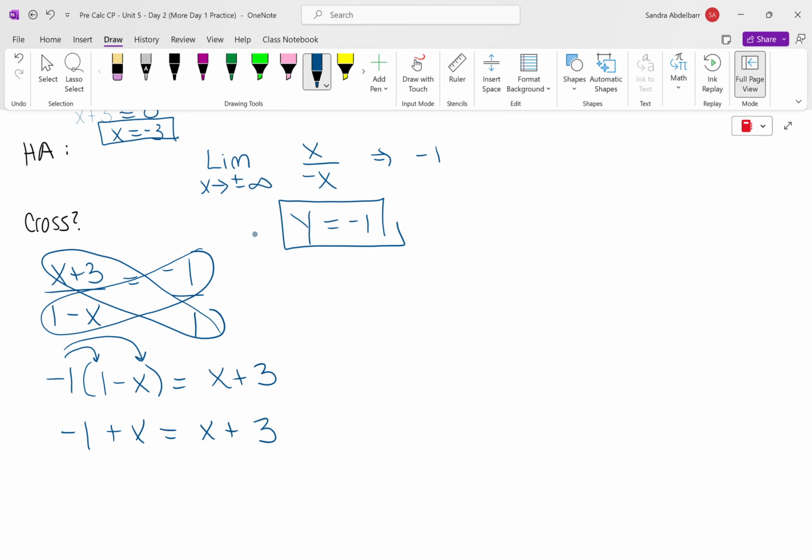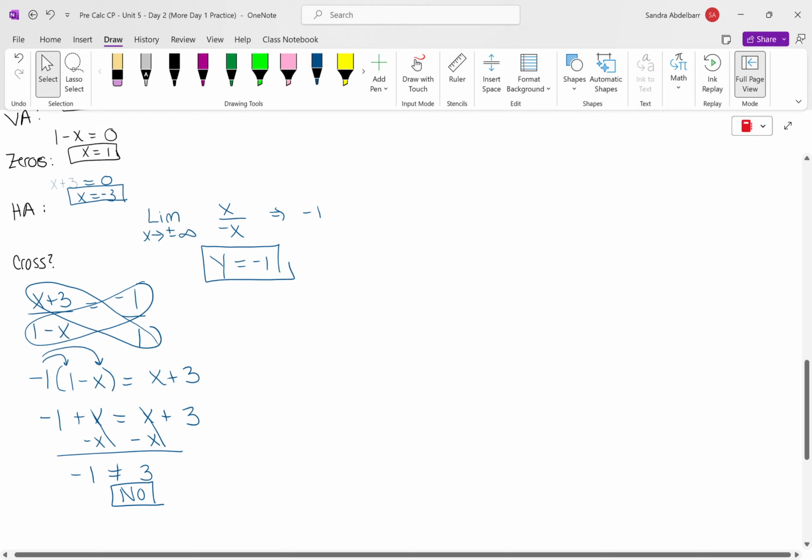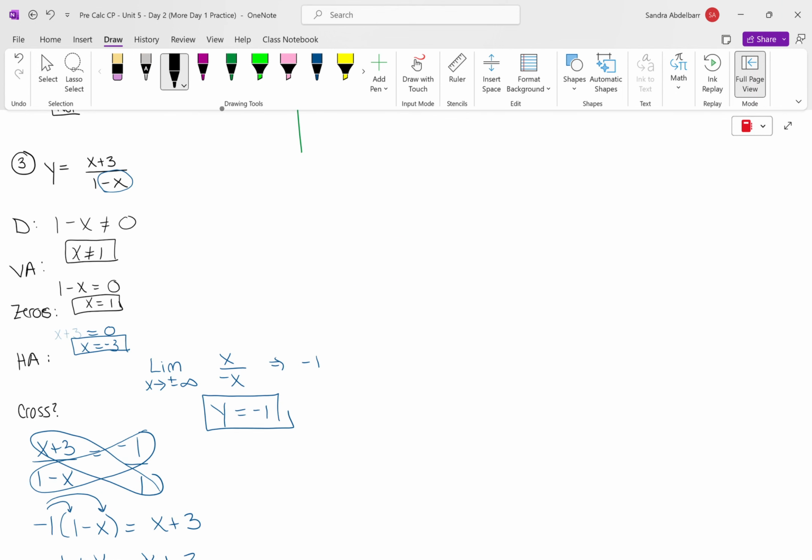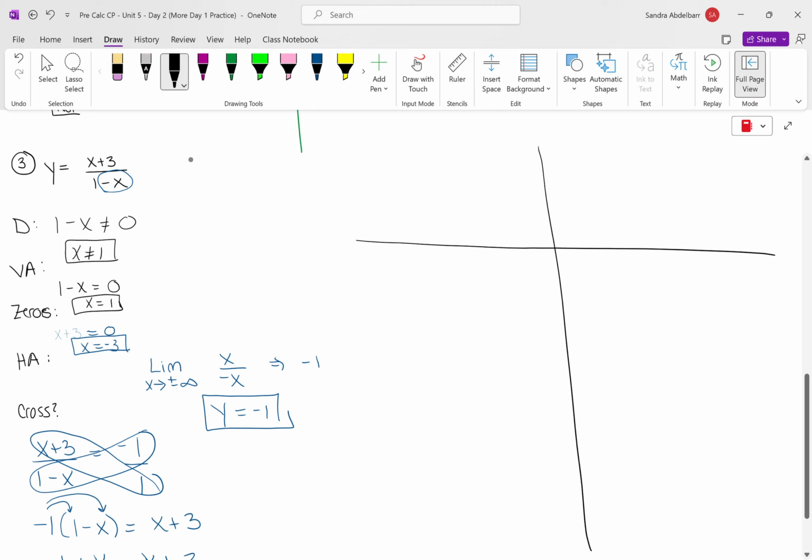You need to distribute in that negative 1. So this is negative 1 plus x equals x plus 3. And when you subtract the x, they both cancel, so negative 1 does not equal 3, so this does not cross. So now we are ready to sketch.